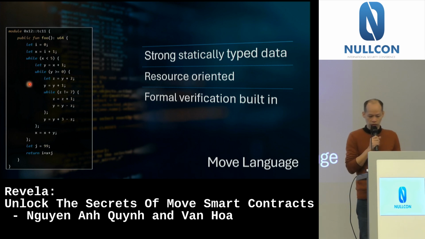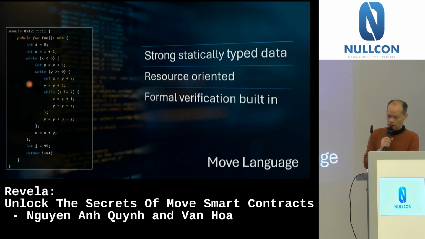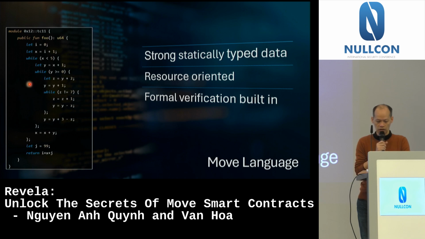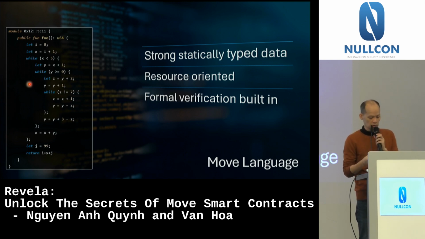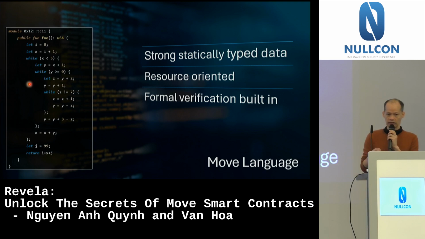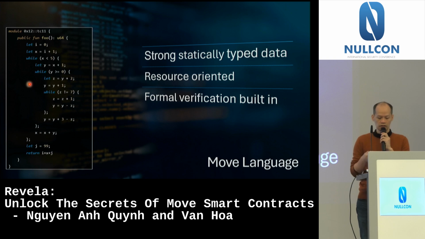It is resource oriented, which means that it focuses on ownership and access control of the resource objects inside the smart contract. And finally, formal verification is built in, which means that as a developer you can write your constraints to verify and really confirm that the code really does what it claims to do.